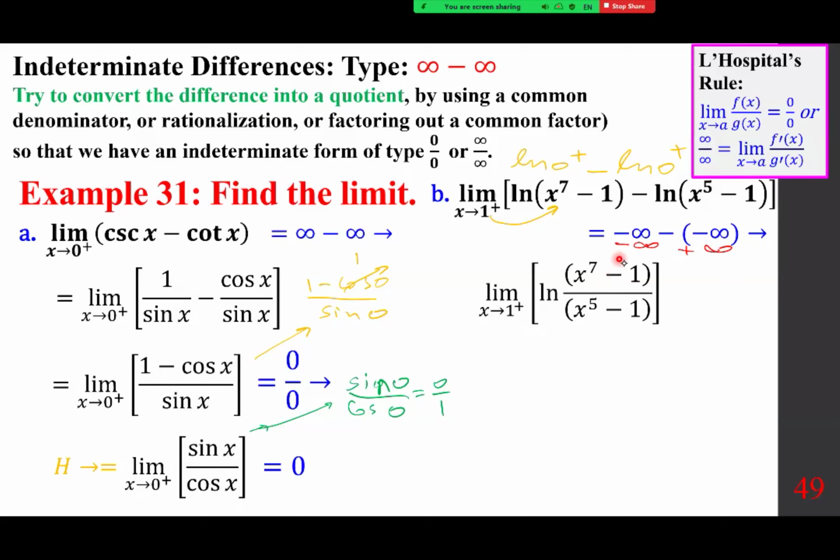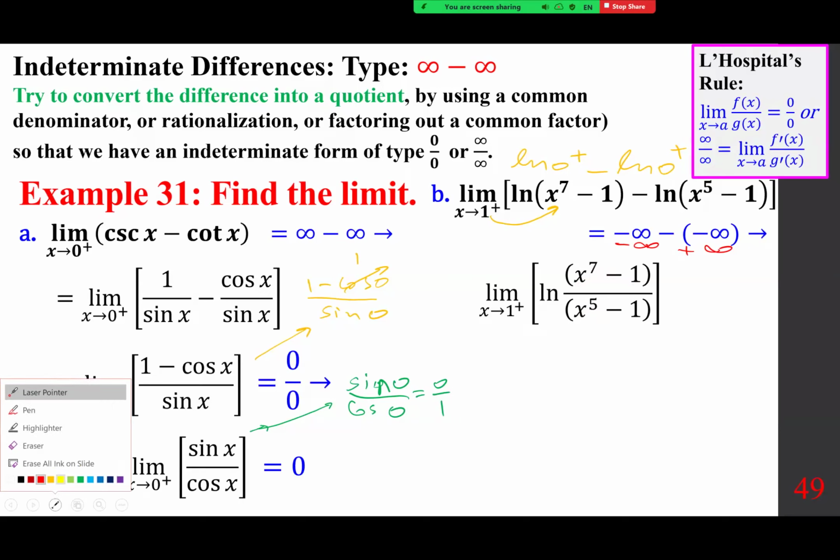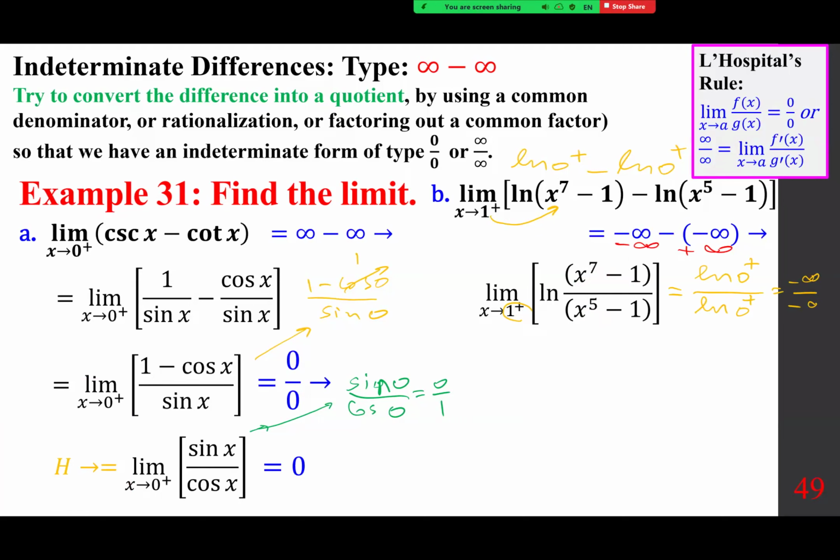Ln of 0 from the right. This becomes ln of 0 from the right. Let me just write that for everybody. I plug in 1 from the right. 1 from the right causes me to get ln of 0 from the right over ln of 0 from the right, and each one is negative infinity over negative infinity, and that means I can use L'Hopital's rule.